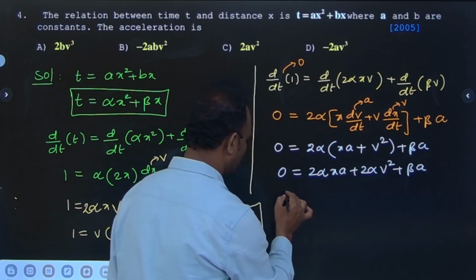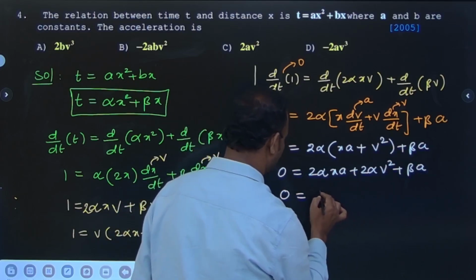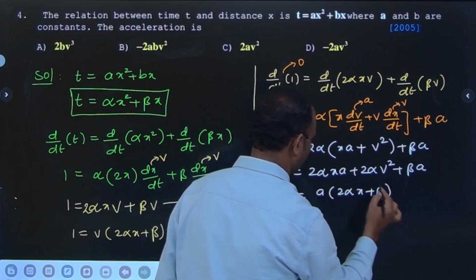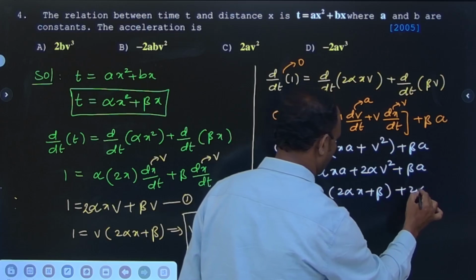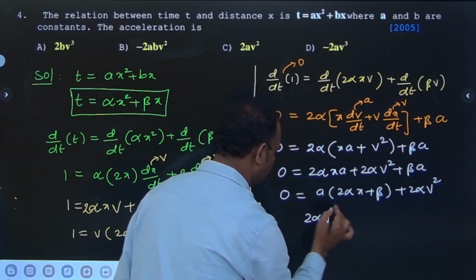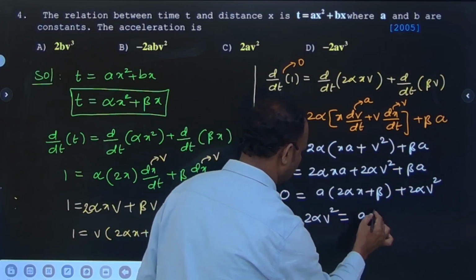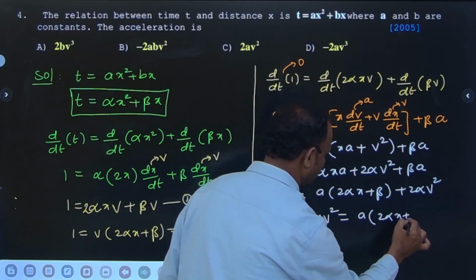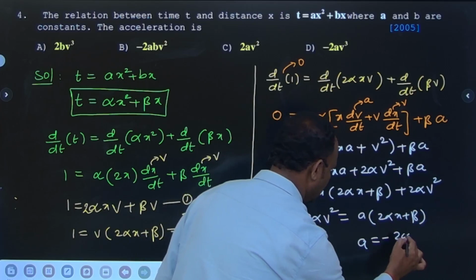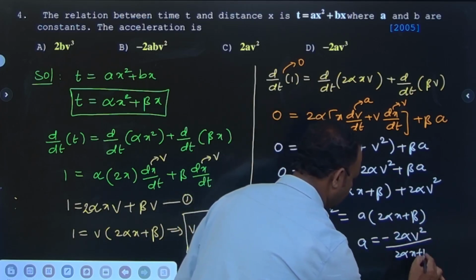Taking a common, minus 2 alpha v square is equal to a times (2 alpha x plus beta). So a is equal to minus 2 alpha v square by 2 alpha x plus beta.